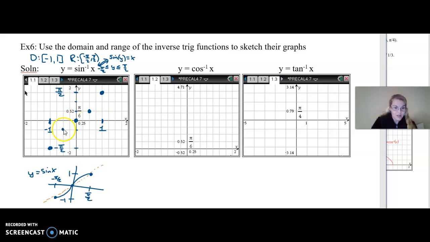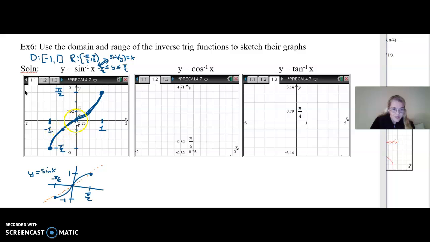Likewise, do we see sine is concave down over here, but the inverse function is going to be concave up right here. So sine is concave up on the right side and concave down on the left side.